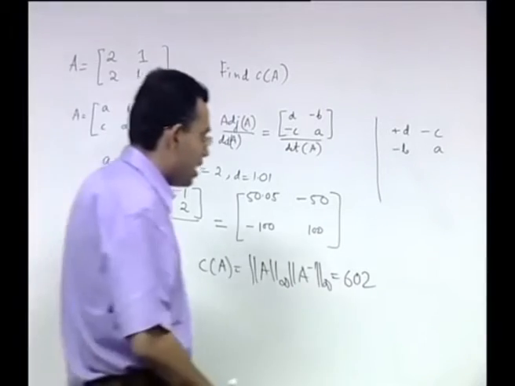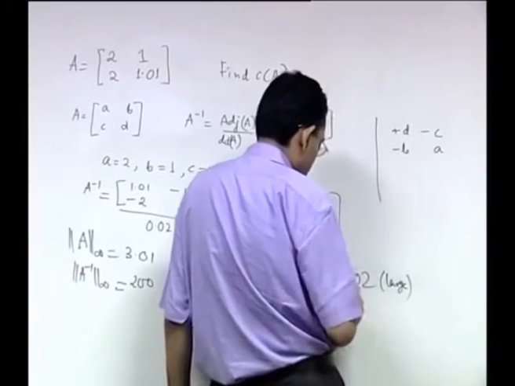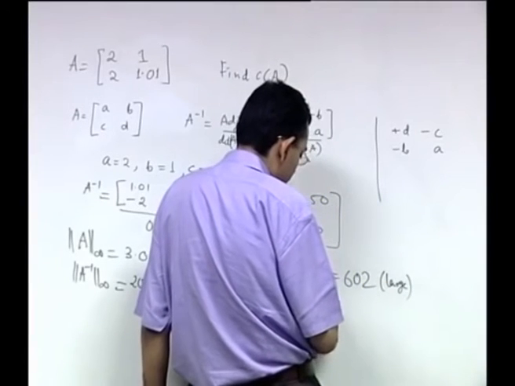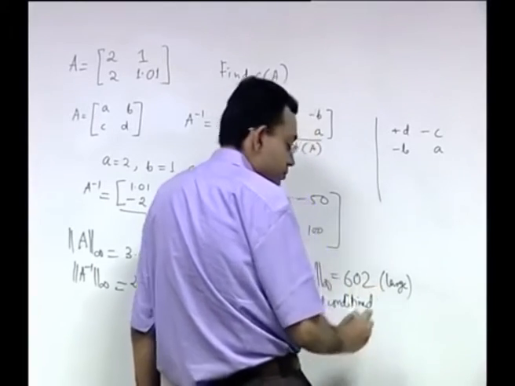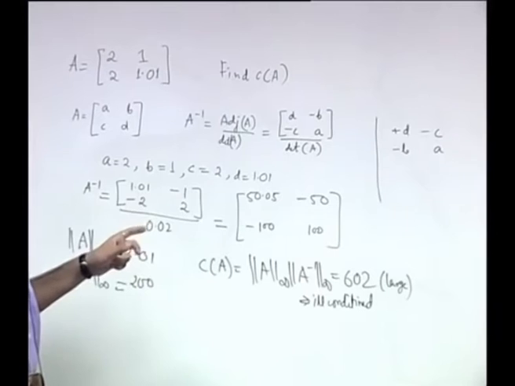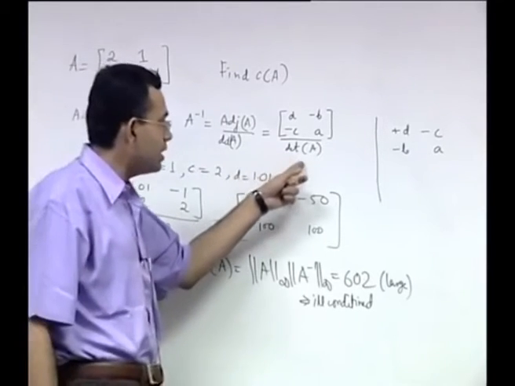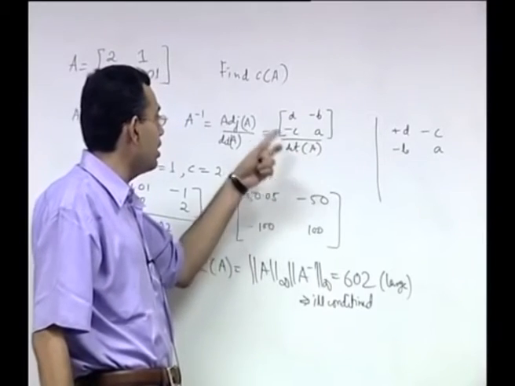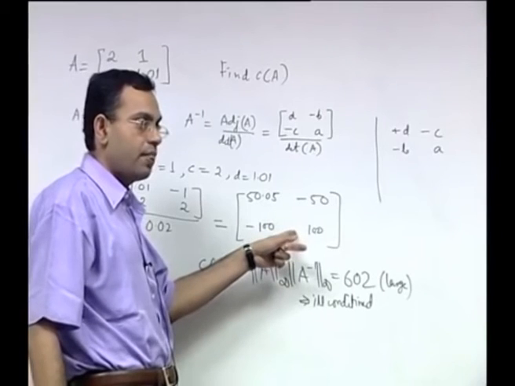So this is quite large, which means that it is an ill conditioned system. You can figure out the source of this largeness. The source of this largeness is the smallness of the determinant, because A inverse is divided by the determinant; because the determinant is small, A inverse is blown up and therefore its norms are blown up.